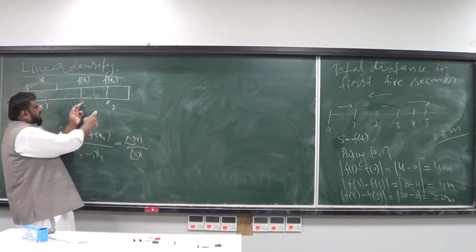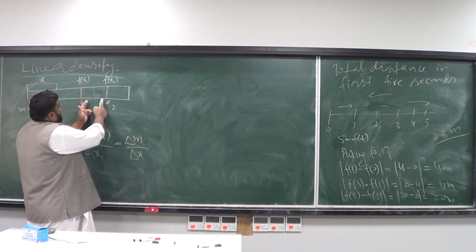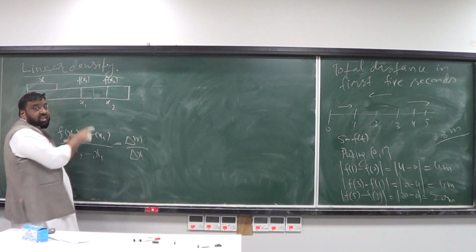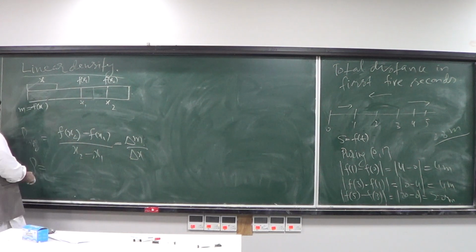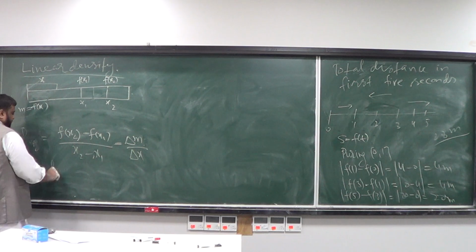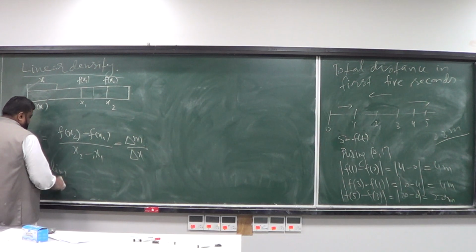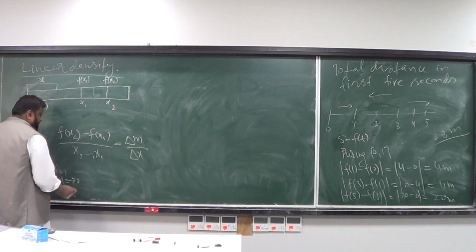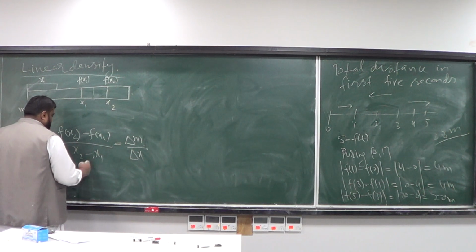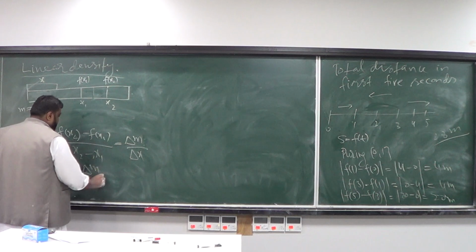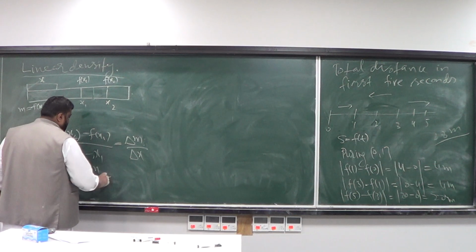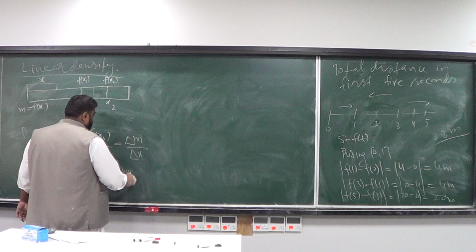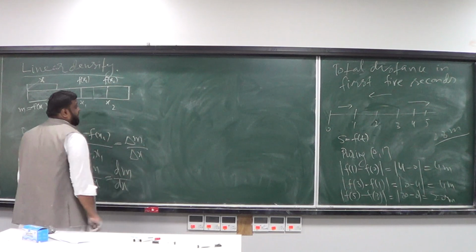I need to make this length shorter and shorter so that it approximates this point. So the instantaneous density is going to be the limit as delta x approaches 0 of delta m by delta x, and you can call it dm by dx.